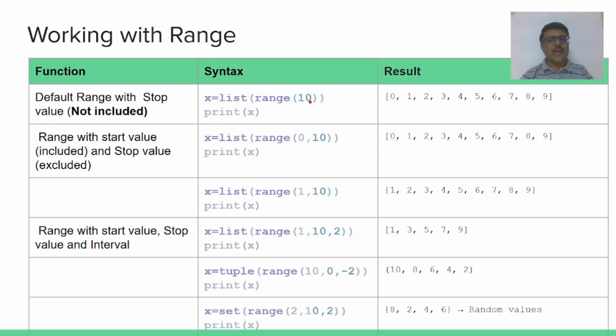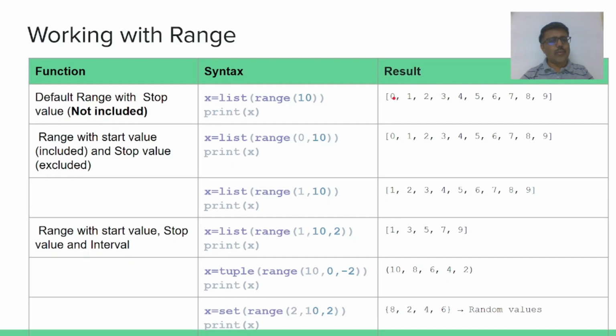That means it understands that your initial value always starts with 0. That's why it starts with 0, and then the end value, 10, is given, so that is the stop value. The stop value, you all know, will not be included, it is always excluded. That means 10 will not be included. That is the meaning of that.